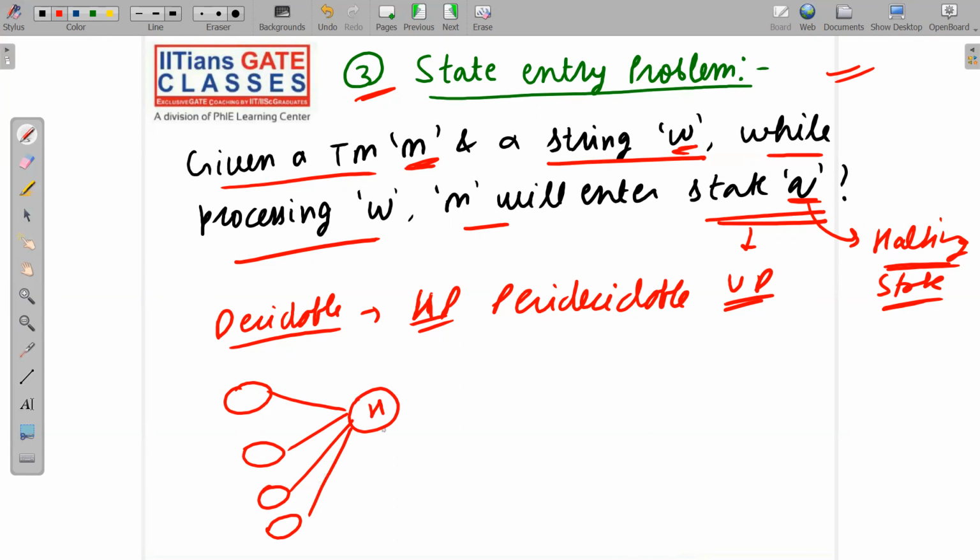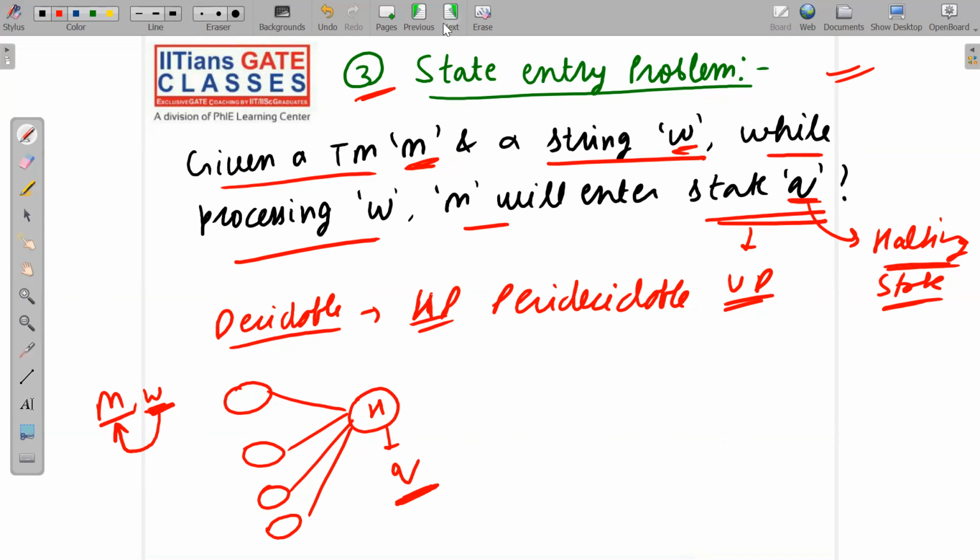Now I will label this state as Q. This is Turing machine M and this is a string W. While processing W, will M enter this state Q or not? If M enters this state Q while processing W, this directly and indirectly means that while processing W, M will halt. So this is the main thing.